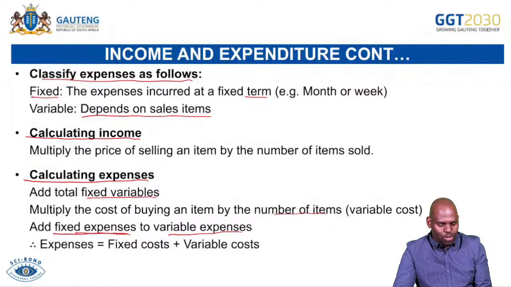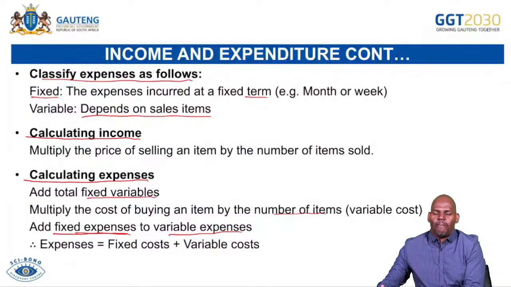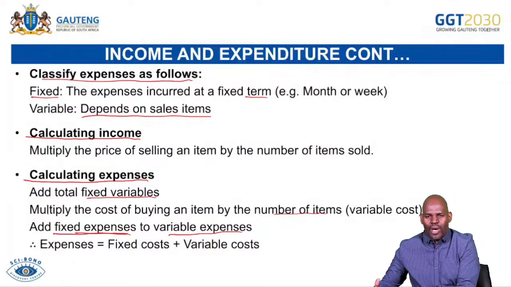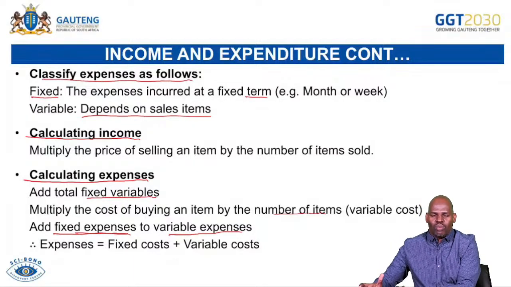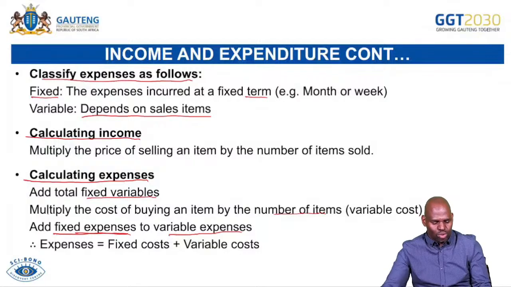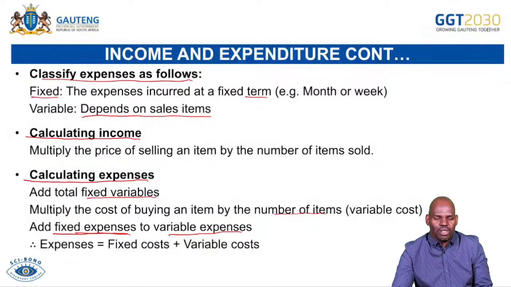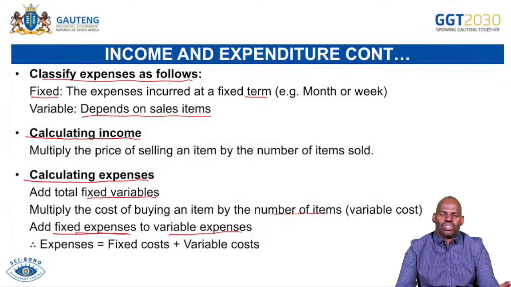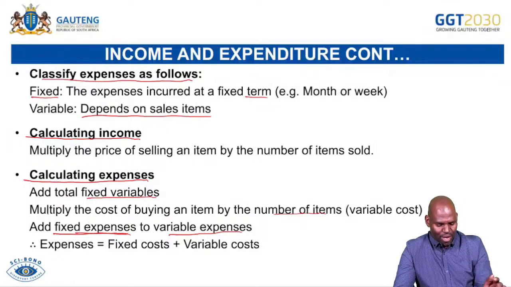Add the fixed expenses to the variable expenses. So the fixed expenses will be like you are paying for the space. Whether you're going to sell for that month or whether you're not going to sell for that month, you still have to pay for that space. So that will be regarded as a fixed expense. And then, of course, we've got variable expenses that will depend on the number of sweets that we'll be buying for that month.